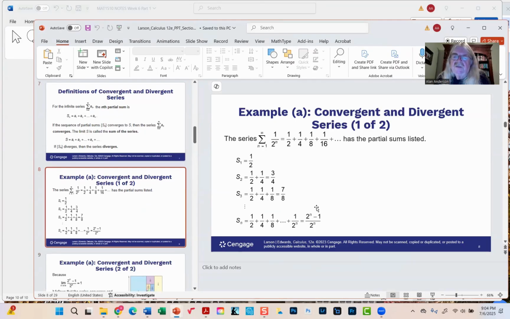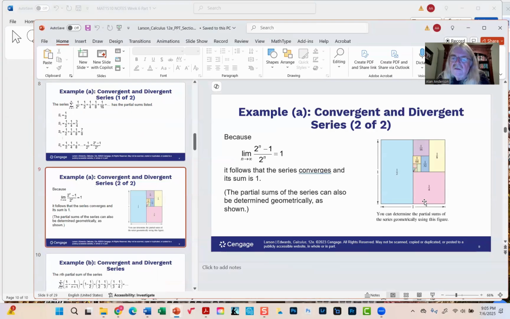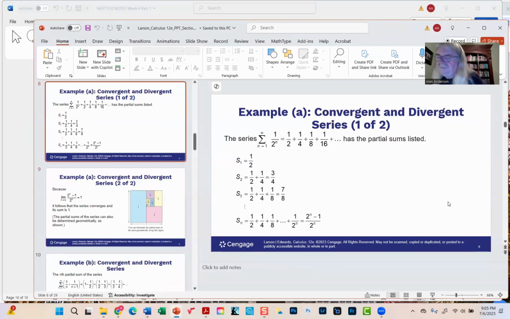All right, let's take a look at this one. So here's 1 over 2 to the n, and those are the terms. You can see they went through and calculated the partial sums, and they're able to take S_n, the general expression for S_n, and turn it into a formula. Okay, in other words, let's take a look at this.